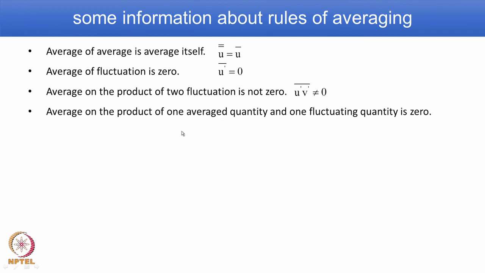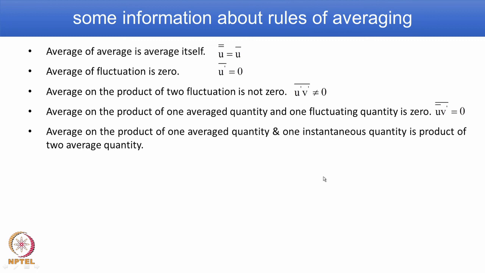Average on the product of one averaged quantity and one fluctuating quantity is 0. Expression wise, u bar is the averaged quantity and v prime is a fluctuation. You have a product of them, u bar v prime, and you take an average on that; that is equal to 0.